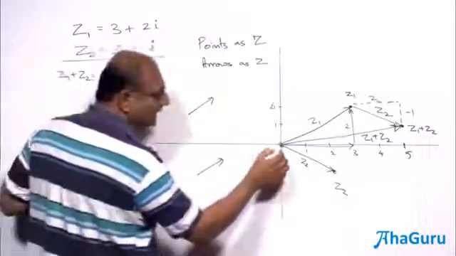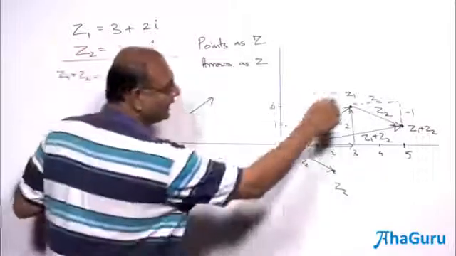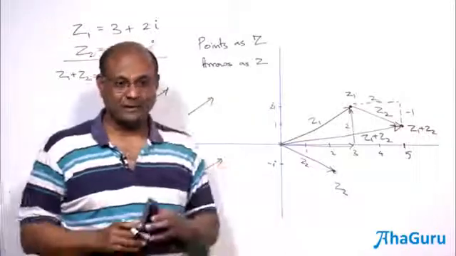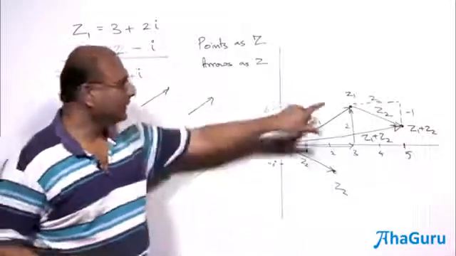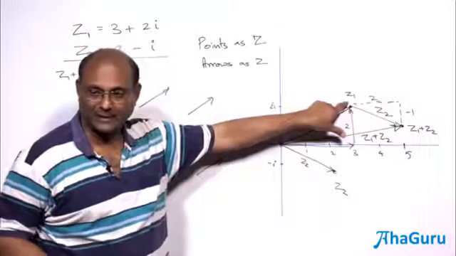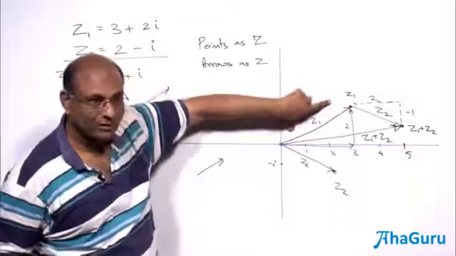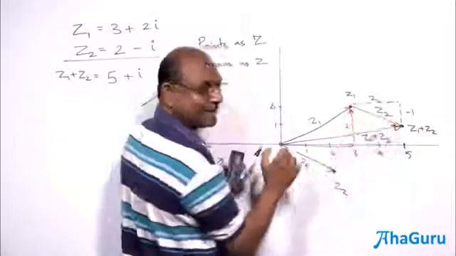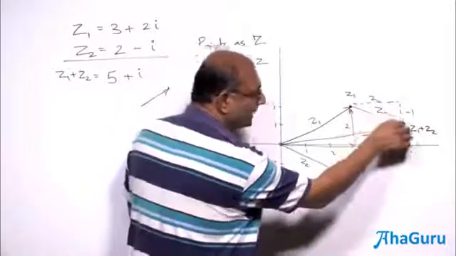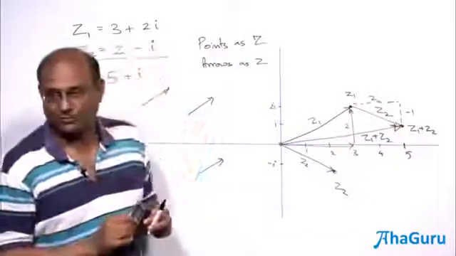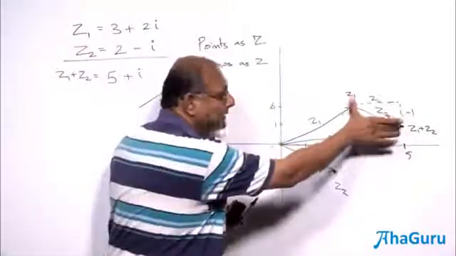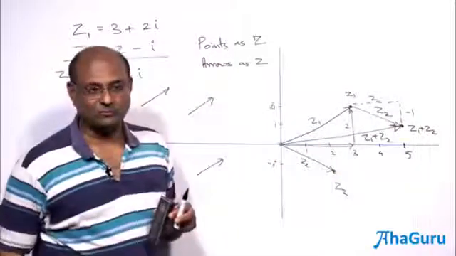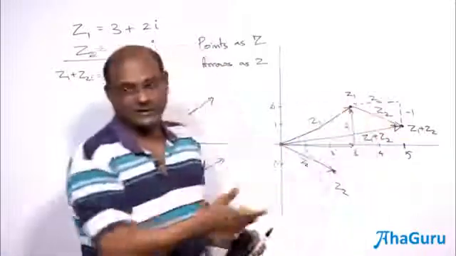But if I start at the origin and the arrow ends here, that point is also called this arrow. Okay, that becomes the complex number. The number represented by that point is the same as this arrow. This arrow is the arrow Z2. But this arrow's end point is not the point Z2. Where is the point Z2? Point Z2 is if you took this arrow and started at the origin, you end here. This is point Z2. That is just arrow Z2.